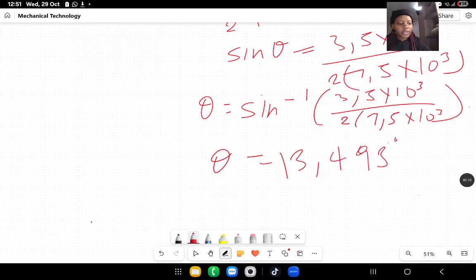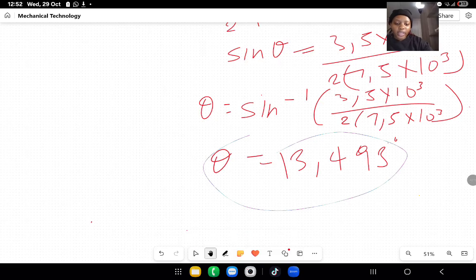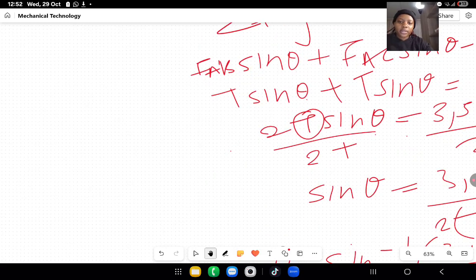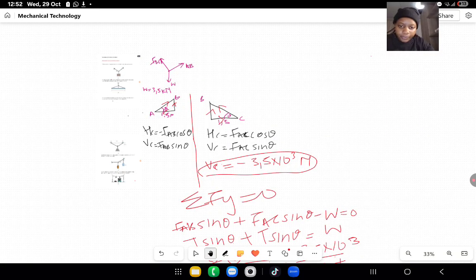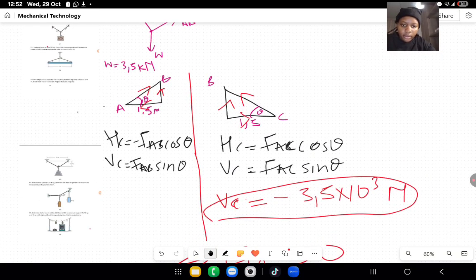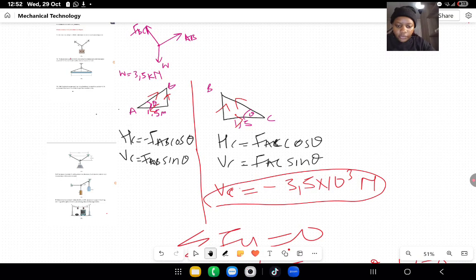Since we have calculated our angle, we will go back to our diagrams. Here we have our adjacent, but we don't have our hypotenuse, so we can use cos.